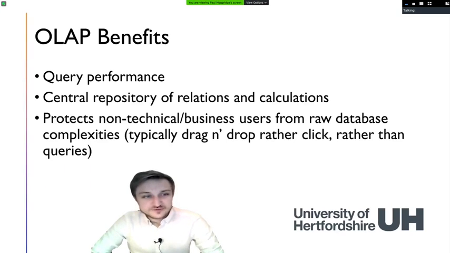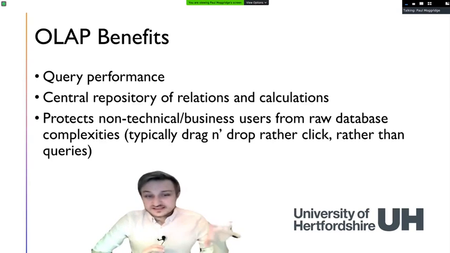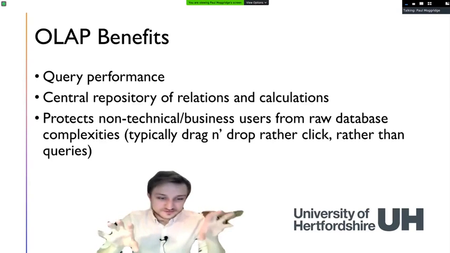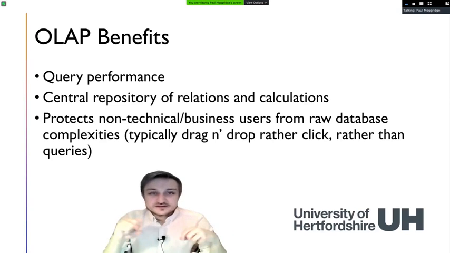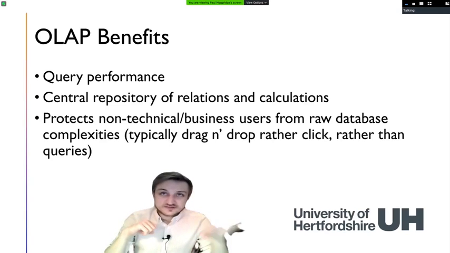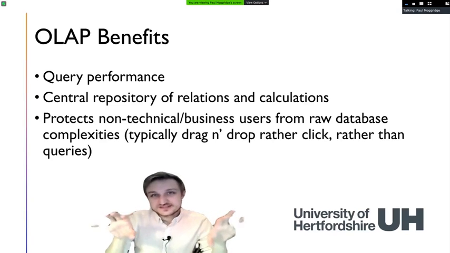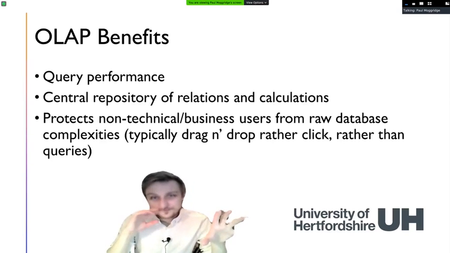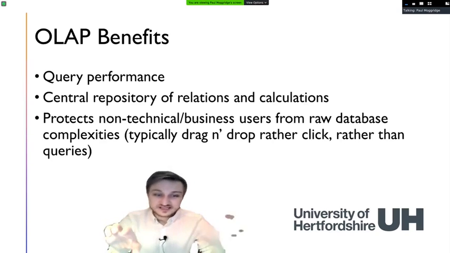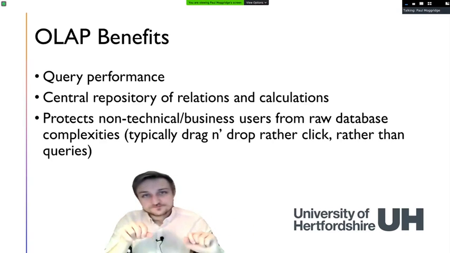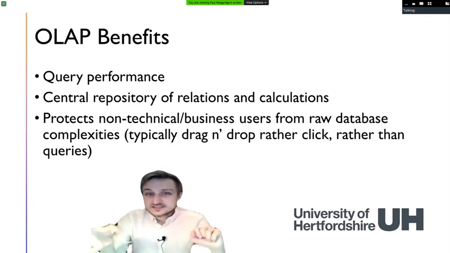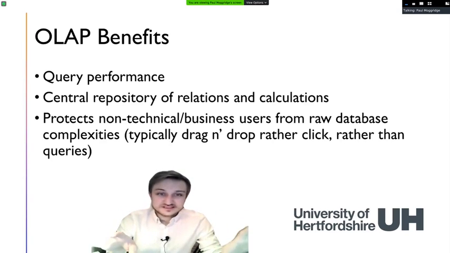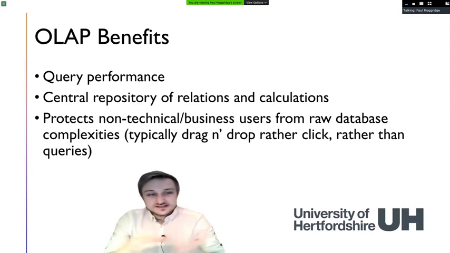OLAP has several benefits. Most notably is the query performance. This is a gain for both the operational business and the analysis. The operational business doesn't have to suffer when analysis is running and slowing down the database, because they're two separate systems. You've got the data warehouse and the operational database. The analysis doesn't have to wait until the operational business is quiet, and so this is a big gain.